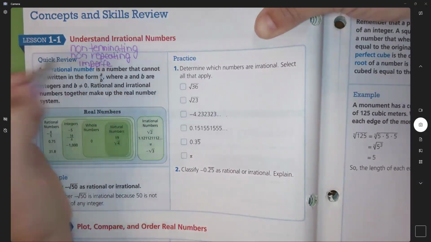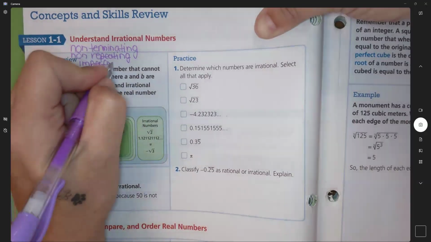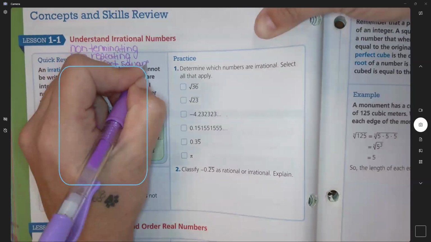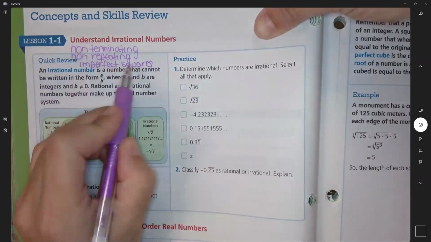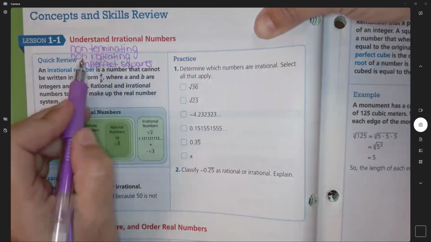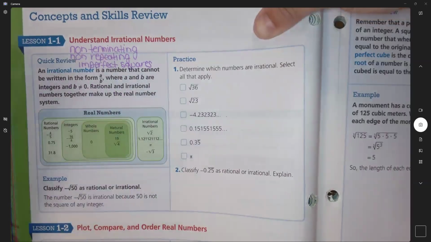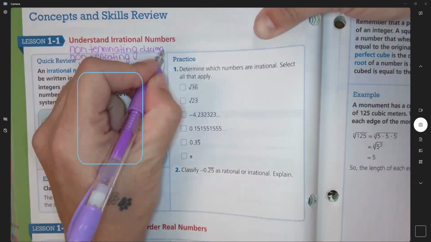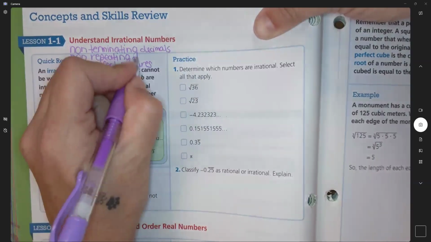Technically, hold on, let me spell first. Imperfect, there we go. Technically, imperfect squares are going to be non-terminating, non-repeating decimals. These are decimals. Let's write that really quick, I don't want there to be any confusion.